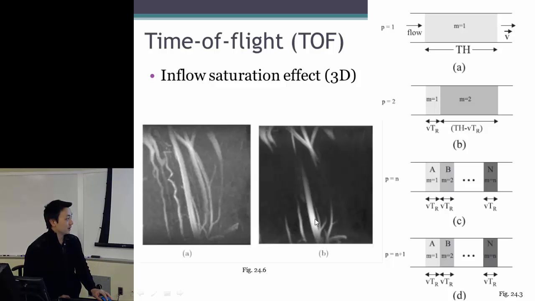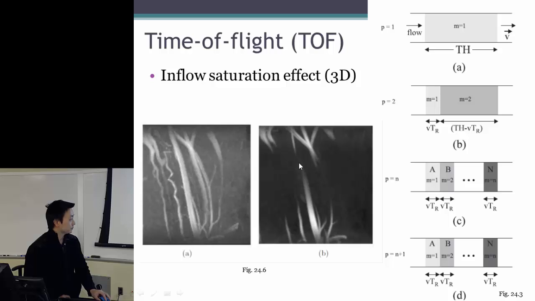Then the arterial blood can flow much further into the slab than the veins, because the arterial blood flow has a higher velocity.